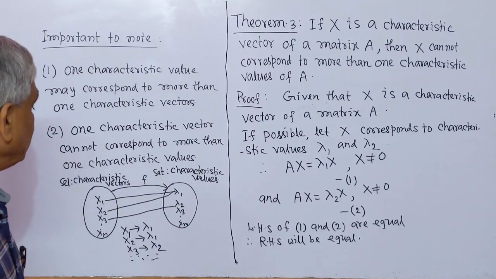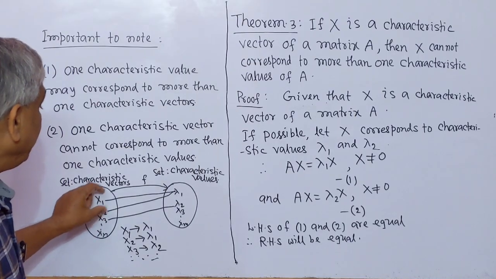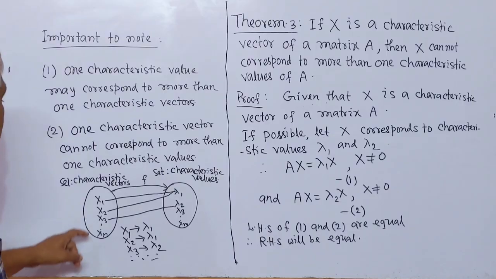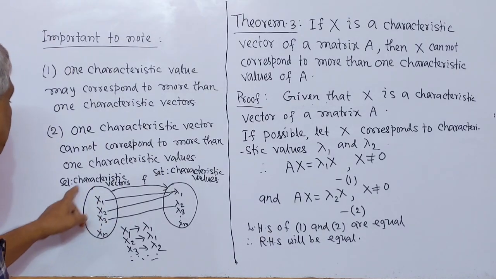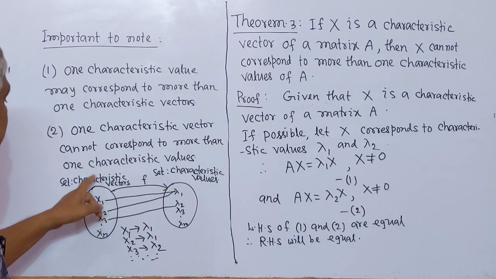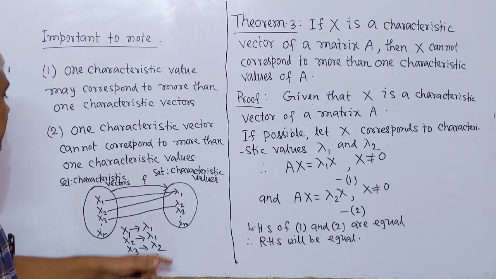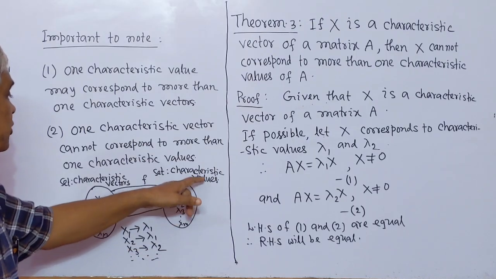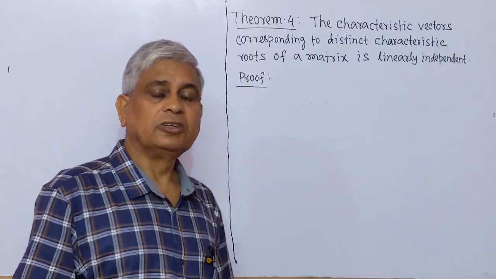Therefore, f is a many-one function in which the domain is the set of characteristic vectors and the codomain is the set of characteristic values.